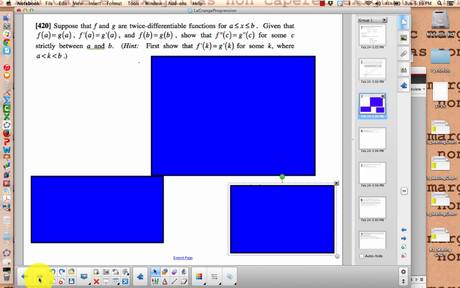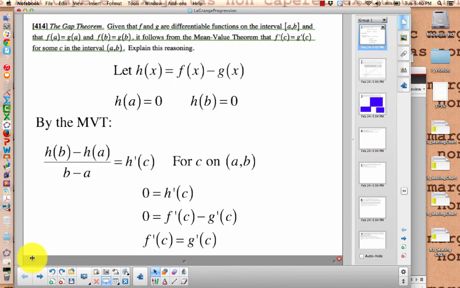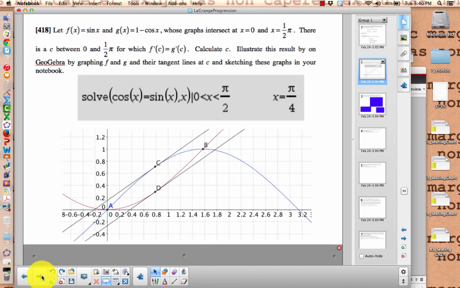Hint: first show that f prime of k equals g prime of k for some k between a and b. So what are we going to do here? We have that f of a equals g of a, and f of b equals g of b. Those are the conditions of this theorem: if you have two intersection points and your function is differentiable, then there's a place between the intersection points where the derivatives are equal.